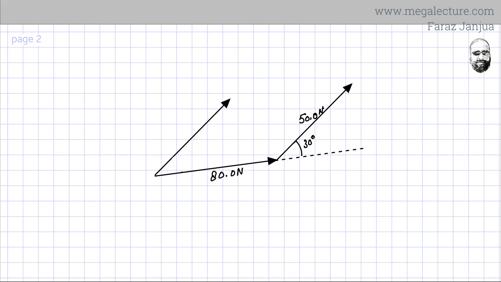So what we do is we split the 50 Newton force into two components. One along the 80 Newton force, and the other perpendicular to the 80 Newton force. We do not need this one, so I will get rid of this, because we have shifted it over there, so we do not need this vector anymore. I will be splitting this vector into its components as well.